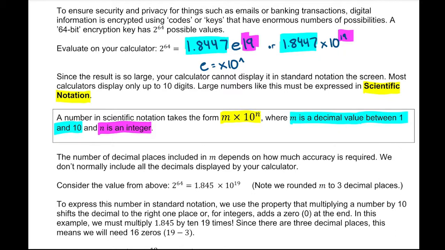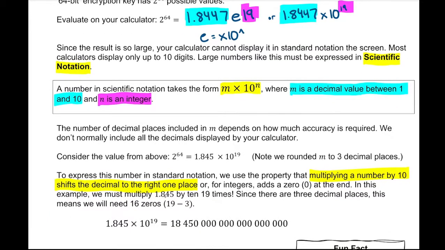To express this number in scientific notation, we use the property that multiplying a number by 10 shifts the decimal place to the right one place, or for integers, basically adds a 0 at the end. In this example, we need to multiply 1.845 by 10 19 times.